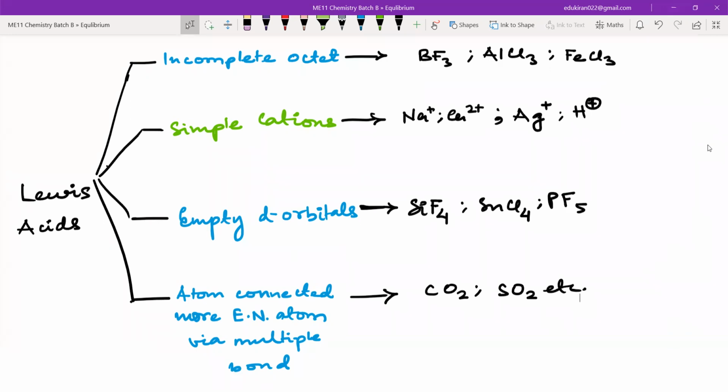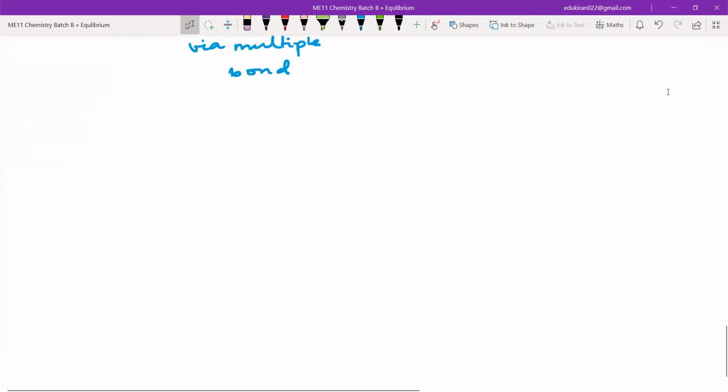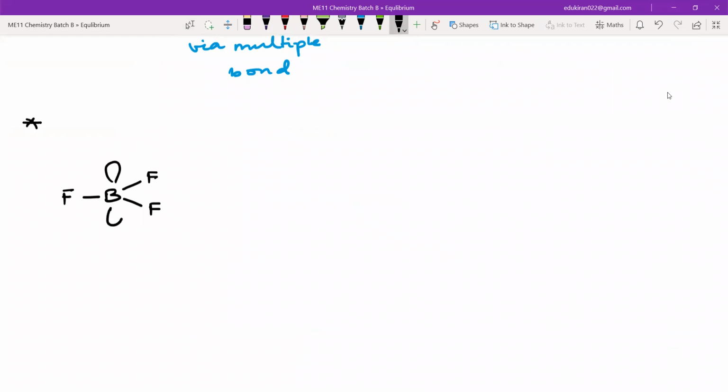Done, sir. Okay. So let us see, if you have a simple reaction, this is one of the most important reactions that you will see. If you have BF3, boron has a trigonal planar structure, if you remember from molecular structure, and it will have a p orbital which is empty, right?